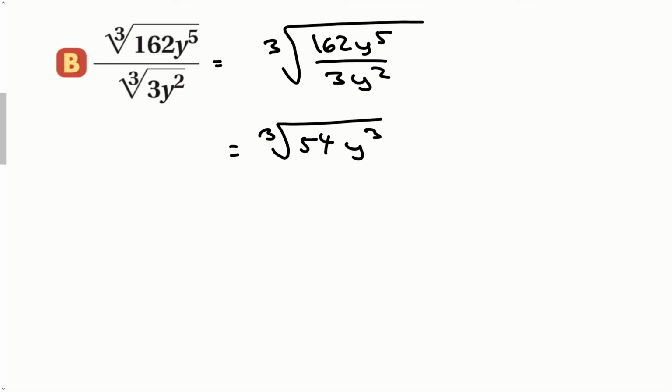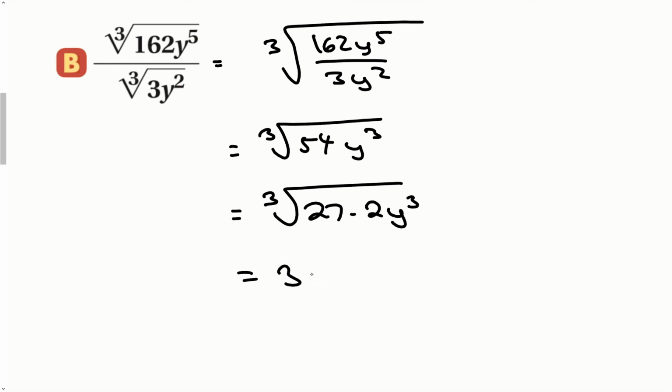It's 27 times 2, so we get the cube root of 27 times 2, and y to the 3rd is nice. We don't need anything crazy there. The 27 turns into a 3. Y, cube root of 2 stays behind. Okay?